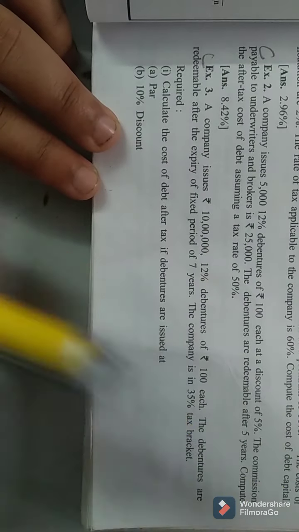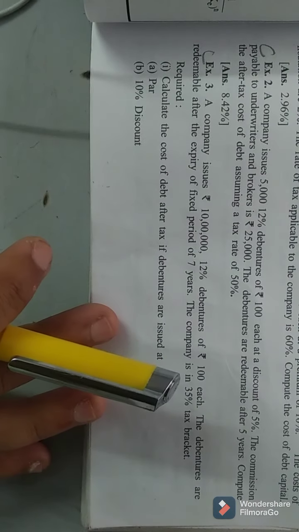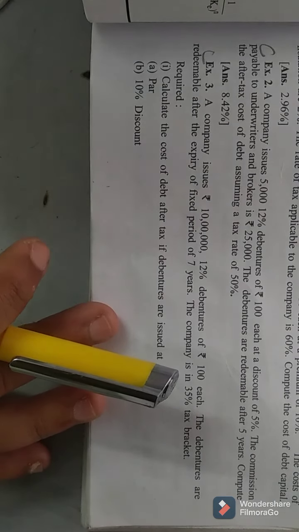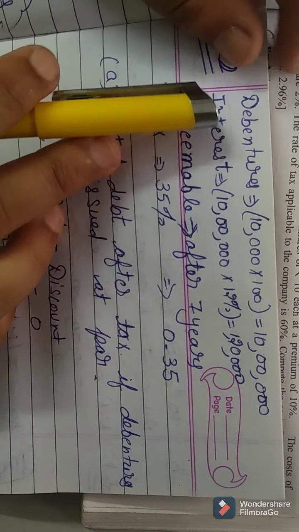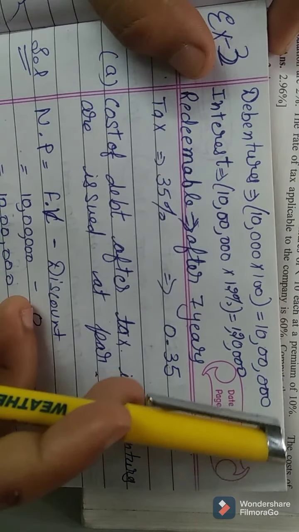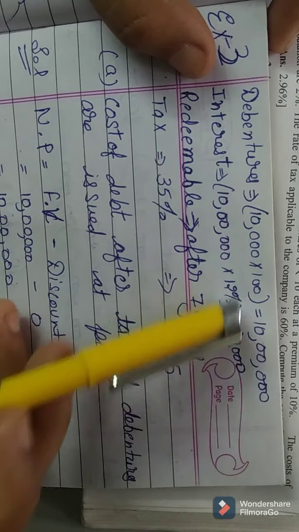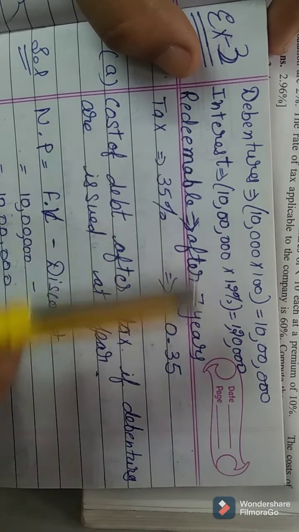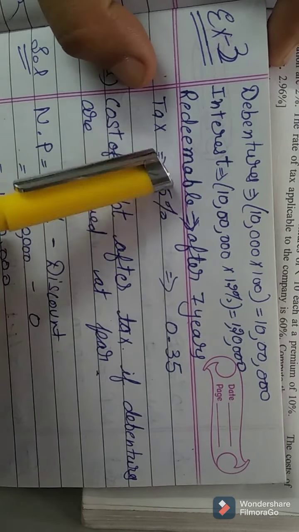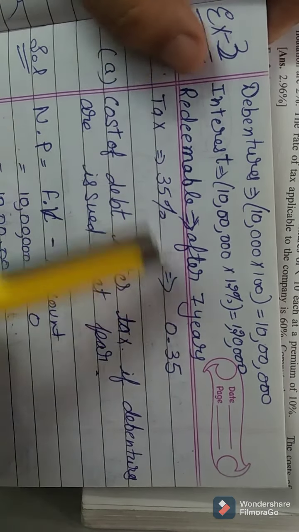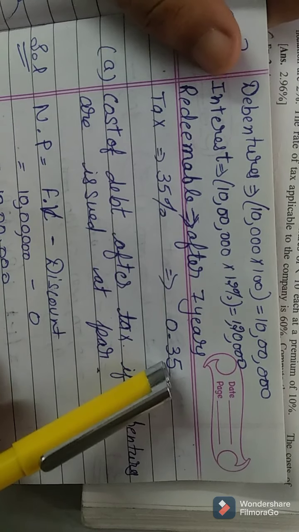It is very easy. Now we can calculate it. Firstly, we write the information available in the question: debenture of 10 lakh, interest on 10 lakh 1,20,000, redeemable after 7 years, tax 35% means 0.35.